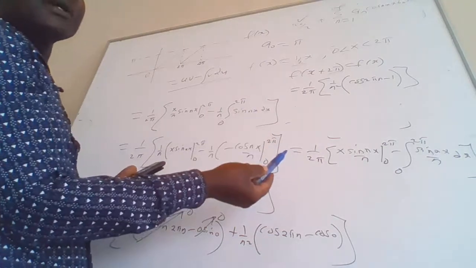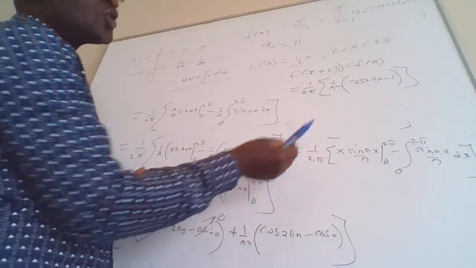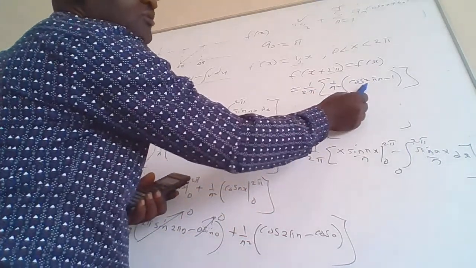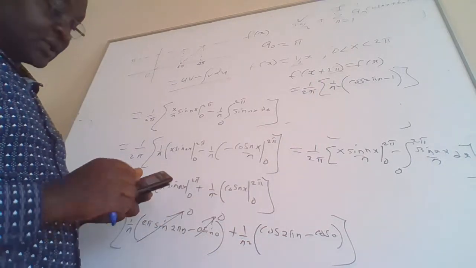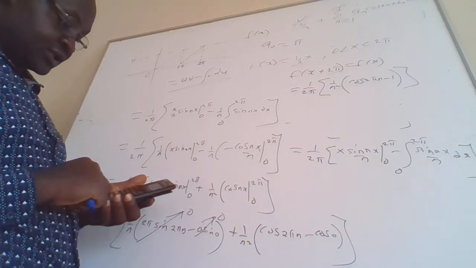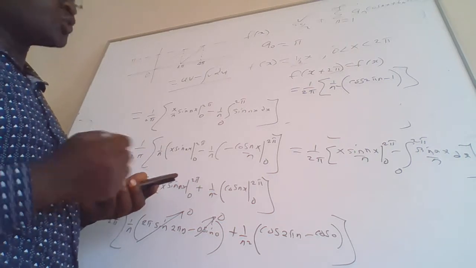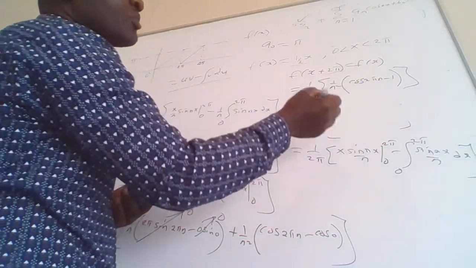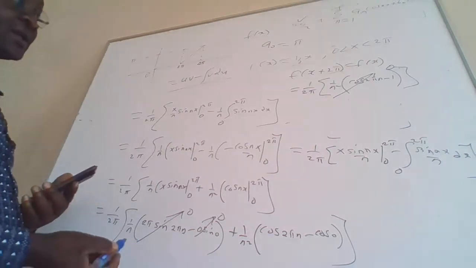So for odd numbers, this also does not exist. So we test when n is 2. So 2 times 2 is 4 pi. 4 pi is like we are getting cos 720. We also confirm cos 720 is 1. So 1 minus 1, meaning that this one is 0 again.